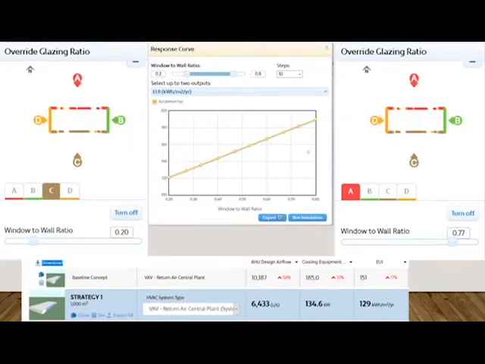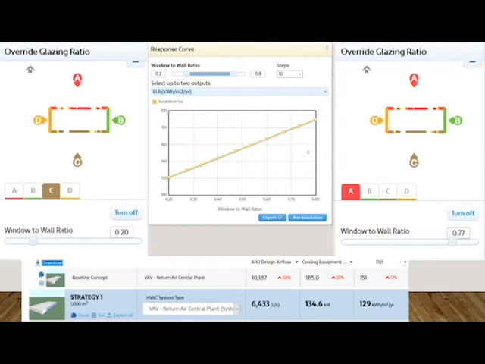So the first strategy is the override glazing ratio. After uploading the building to Sefaira, I just got the results of the window to wall ratio.